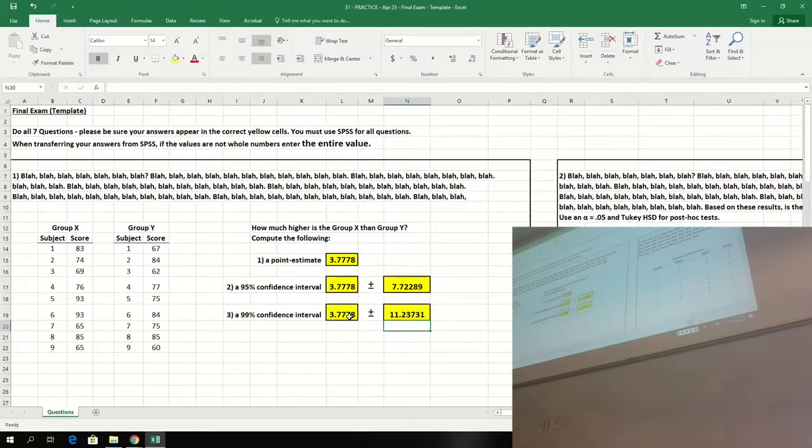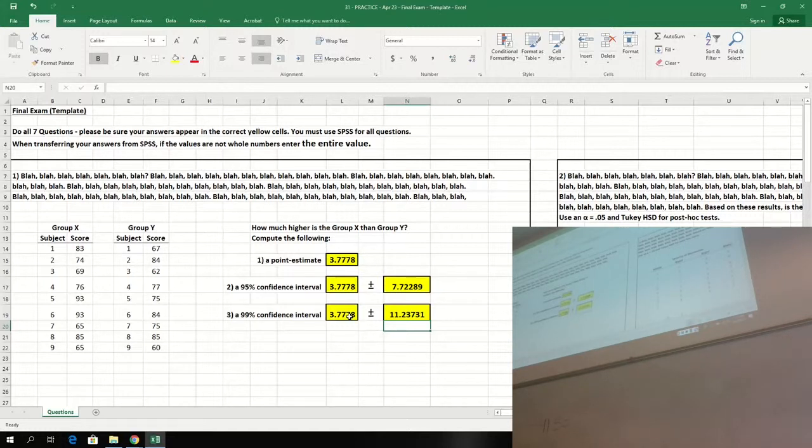If they say, all right, I want you to be 95% confident about that, well, then you would say, all right, well, it's 3.78 plus or minus 7.7. So the maximum that you would estimate where group X is bigger than group Y is 11.5 if you're 95% confident. The key here, though, is that the minimum that they're better than group Y is going to be minus 3.95.